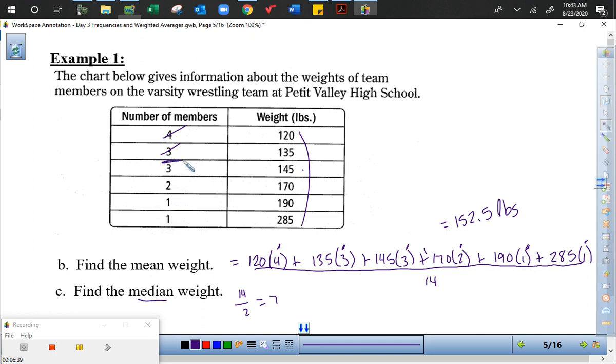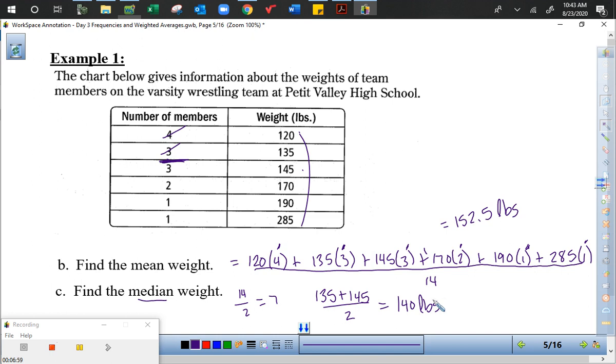Our median falls right in the middle of those two things, so we have to just take the average of these two things. So 135, this one's obvious to see, but some of them aren't. So when you're finding the average, you just add them and divide by 2, since there's two numbers here. And we're going to end up at 140 pounds for our median.